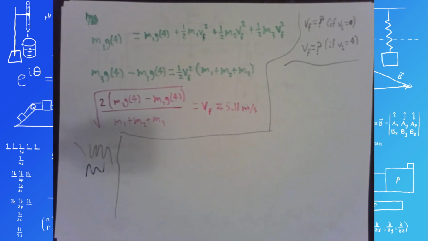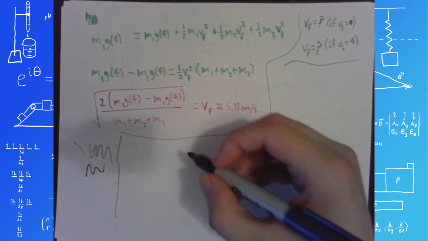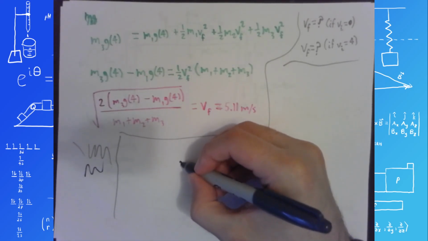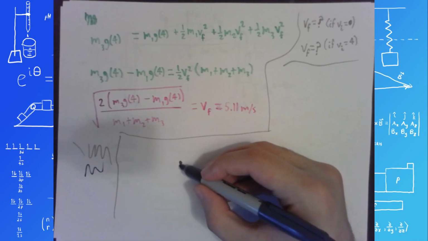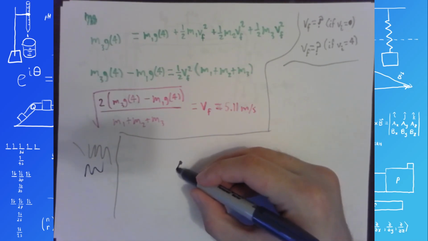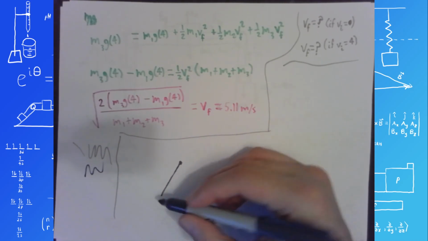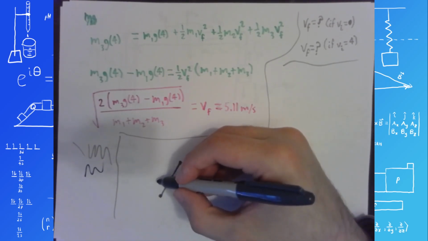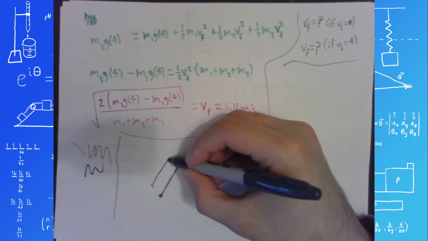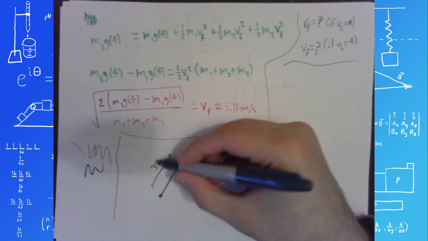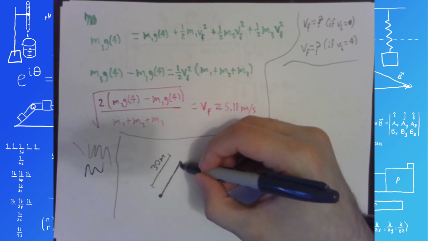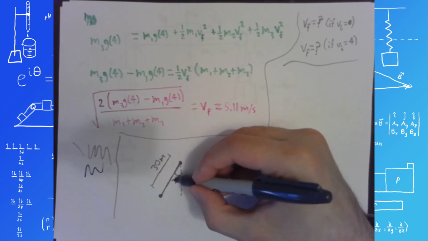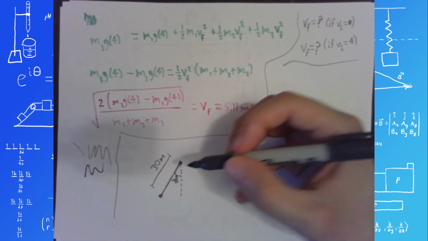So, 30-meter long vine. I'll draw it down here for the extra space. So this thing is 30 meters long, and it's initially held at 37 degrees with the vertical.